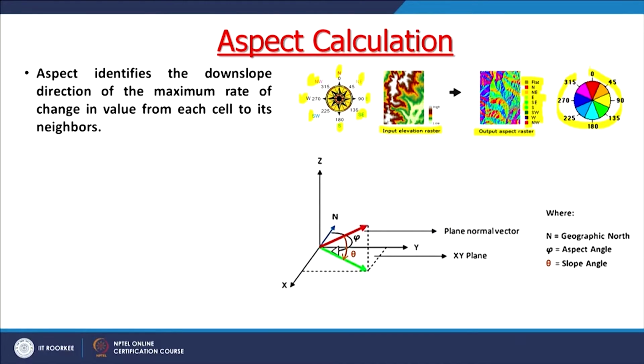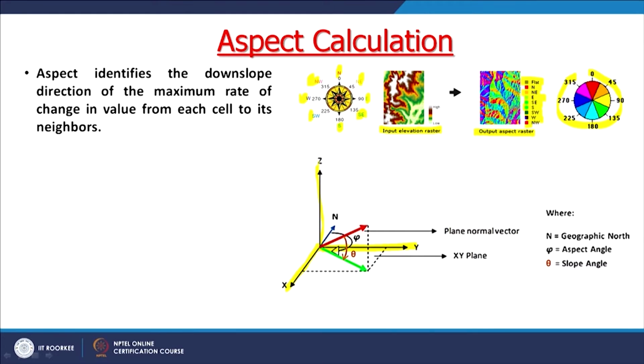Now, when we think about the sloping surface for calculation of aspect, you have to think in 3D. So, all three axes are shown here. This is the x axis, this is the y axis, and this is the z axis.